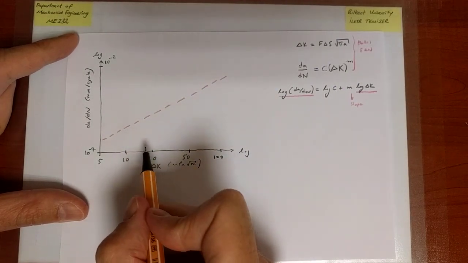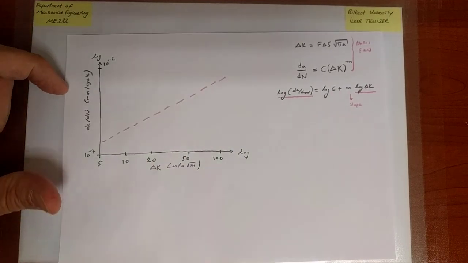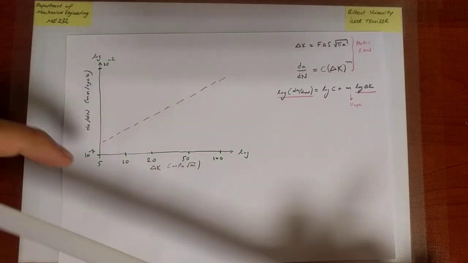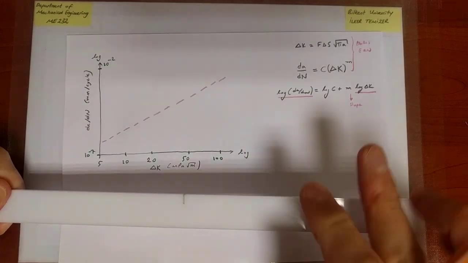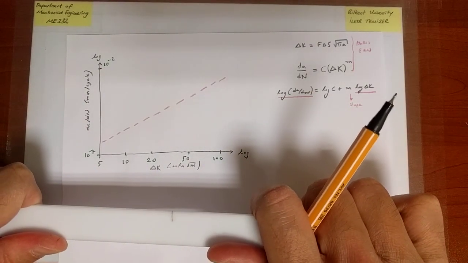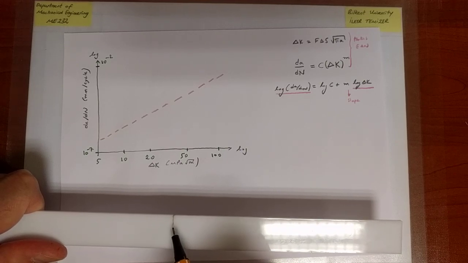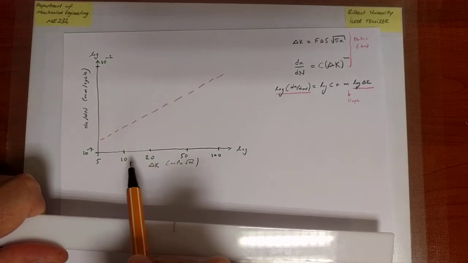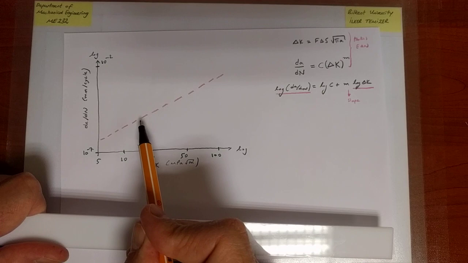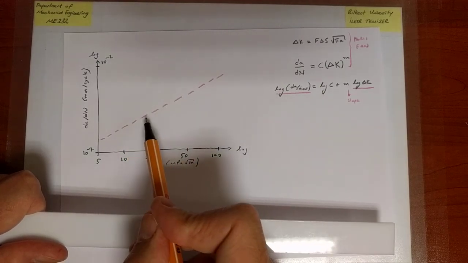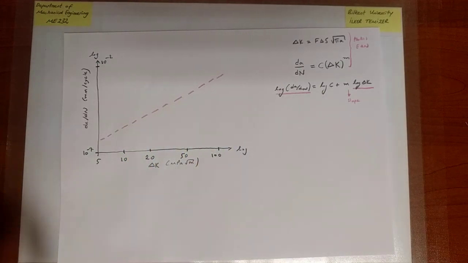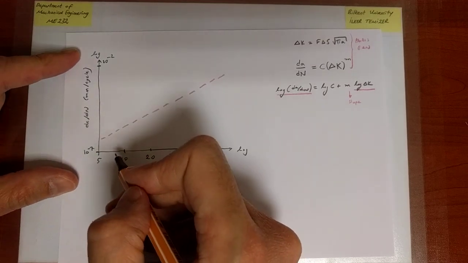Or I can take a single specimen, start with the initial size and keep cycling it. For a given delta K, it will have a certain growth rate, and then as the crack grows, delta K will certainly increase, the crack growth rate will change, and I can continuously monitor the crack growth rate and plot the corresponding points over here.